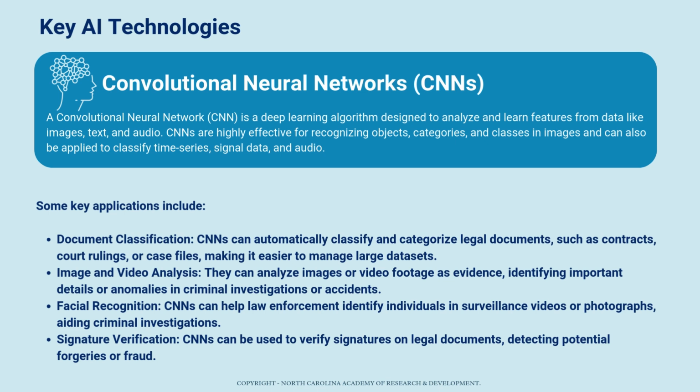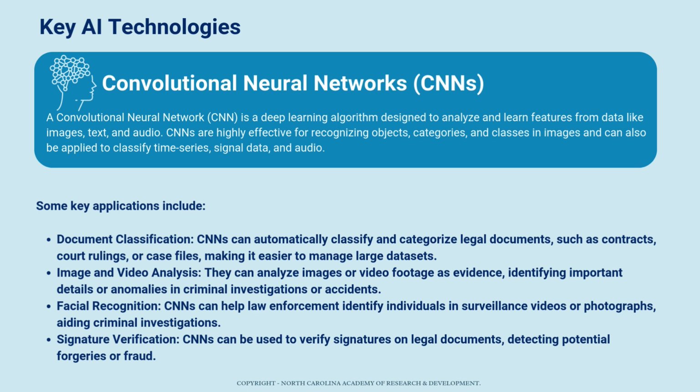Document classification. CNNs can automatically sort and categorize legal documents, such as contracts or case files, making it easier to manage large data sets. Image and video analysis. They can analyze crime scene images or surveillance videos, helping identify important details or detect anomalies in investigations. Facial recognition.